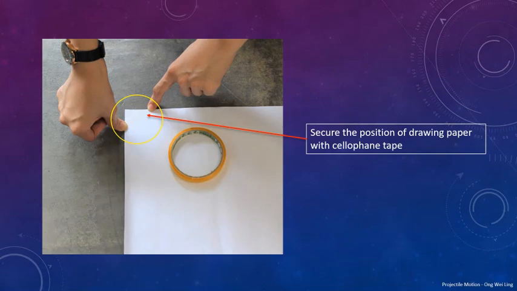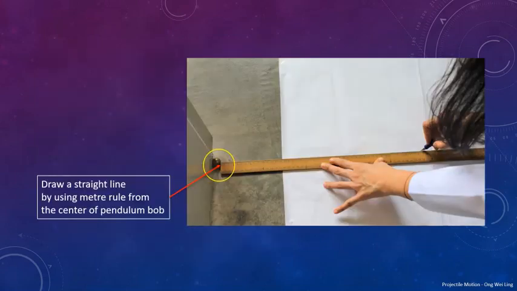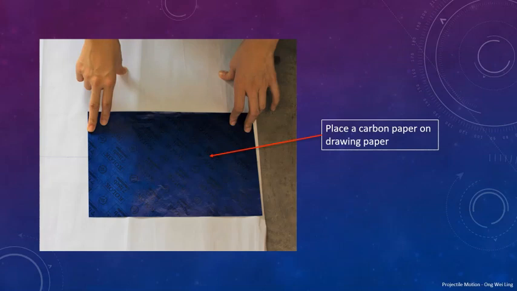Secure the position of the drawing paper with cellophane tape. Draw a straight line using the meter rule from the center of the pendulum bob. Place a carbon paper on the drawing paper.